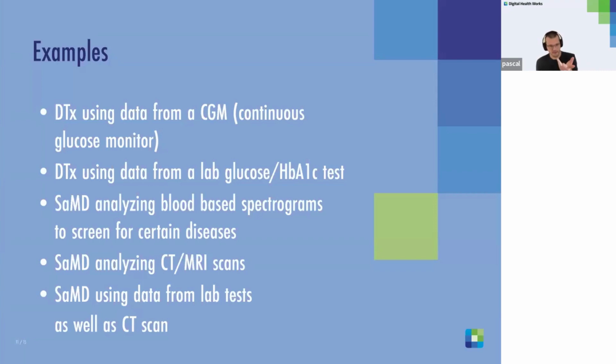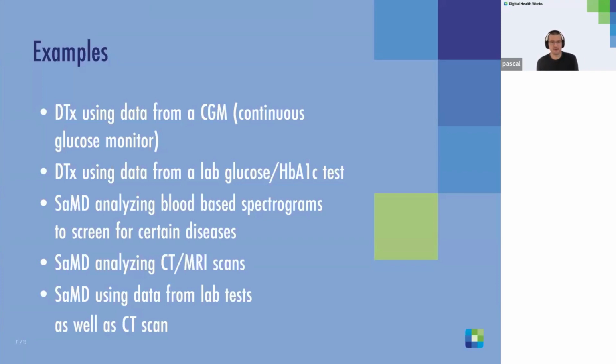While in the other case, the fourth example here, if the software medical device analyzes CT or MRI scans, or any other data that comes from an MDR medical device, well, I guess it's obvious by now: the SaMD would also be an MDR device. Now we have a combination one again.